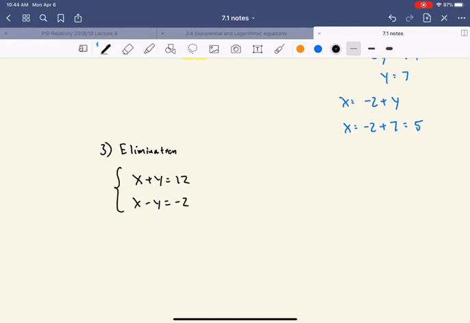Now, I know everyone's probably seen this before, but I do elimination a little differently in that I do it twice. So here, I'm going to add them. If I add them, this gets rid of the y.